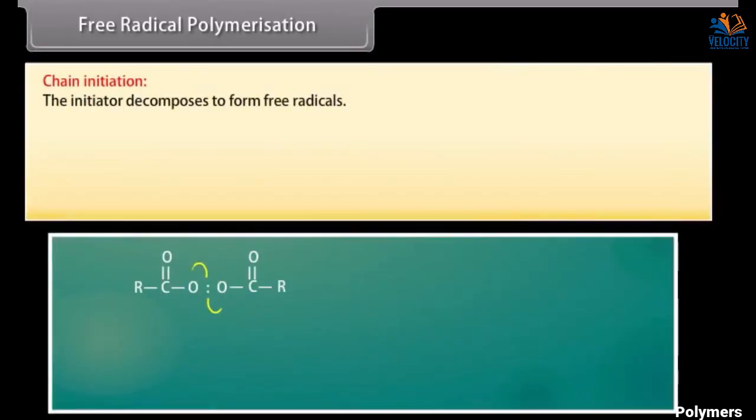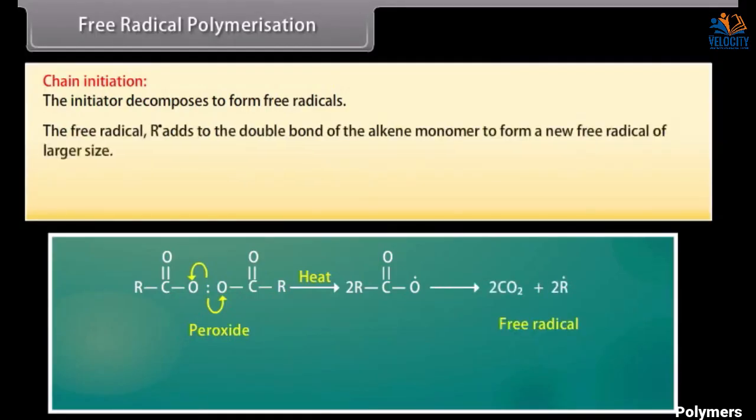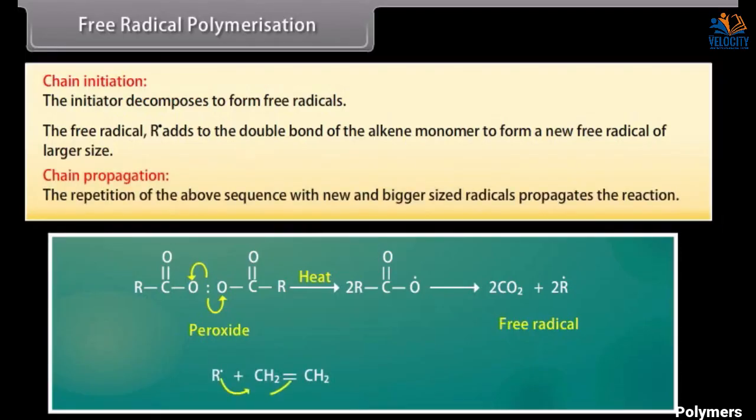Chain initiation. The initiator decomposes to form free radicals. The free radical R dot adds to the double bond of the alkene monomer to form a new free radical of larger size. Chain propagation. The repetition of the above sequence with new and bigger sized radicals propagates the reaction.